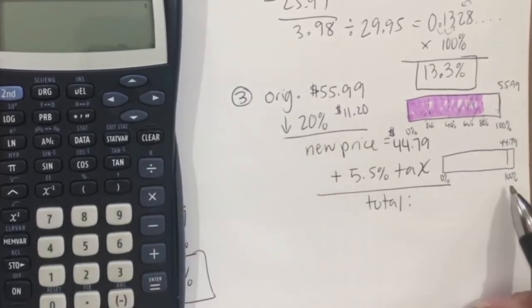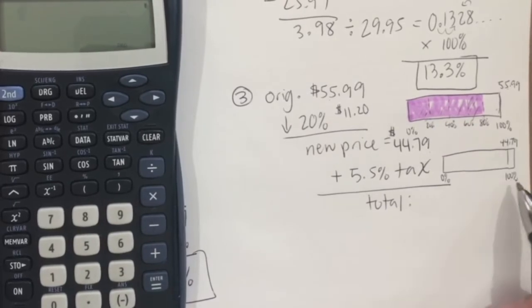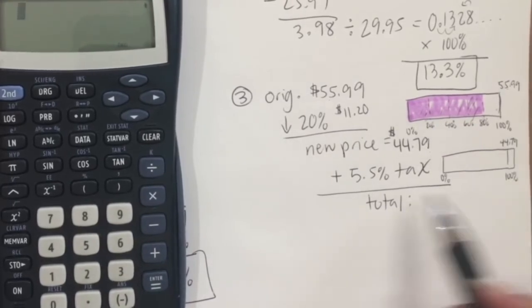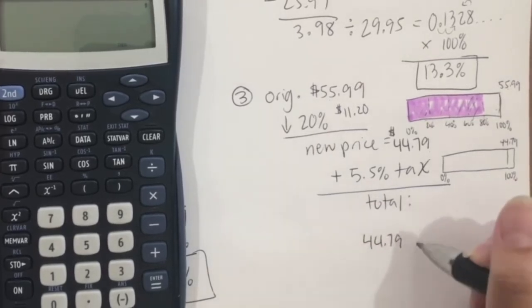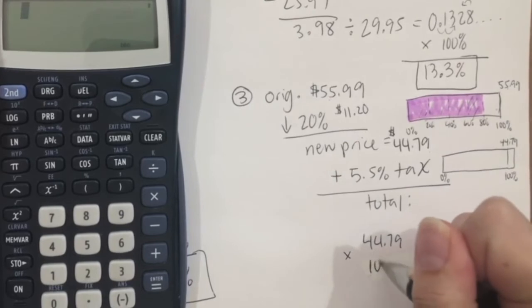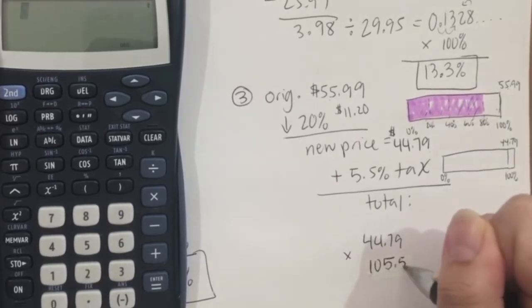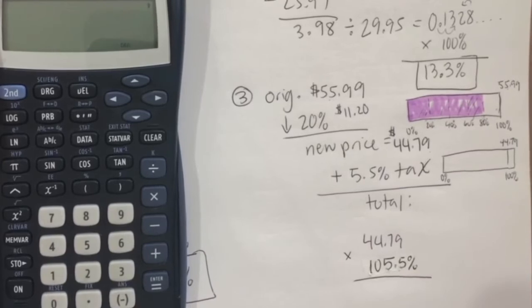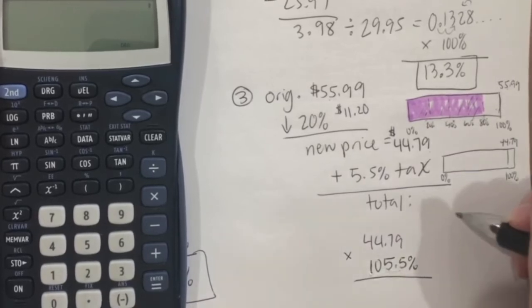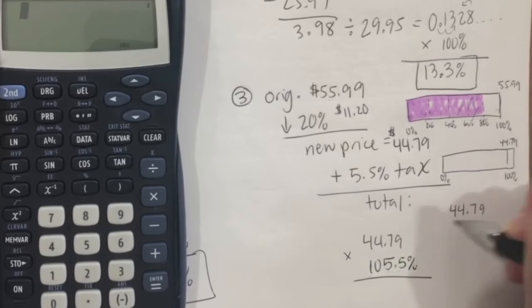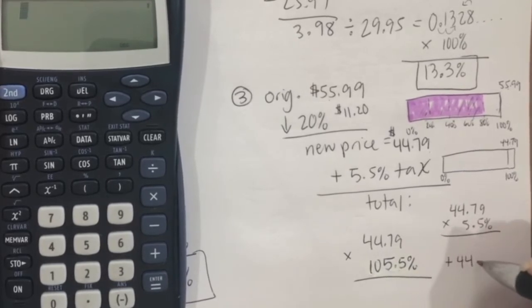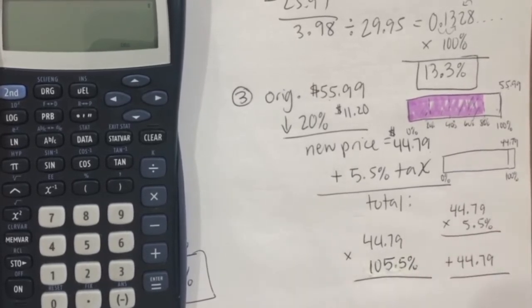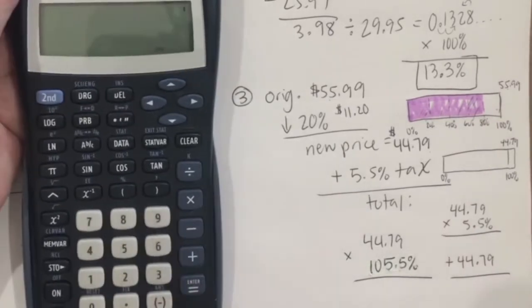Well, what if we just did $44.79 times 105.5%? That is literally the exact same thing as finding 44.79 times 5.5%, getting that, and then adding back the original 44.79 and getting our new total. And I will prove it to you.